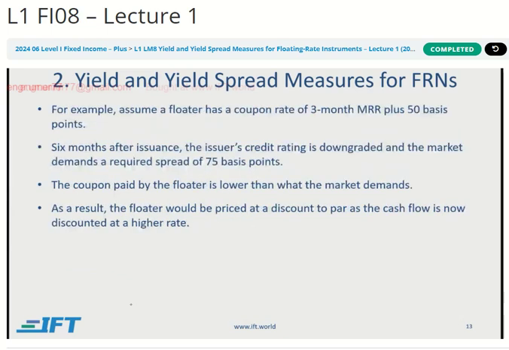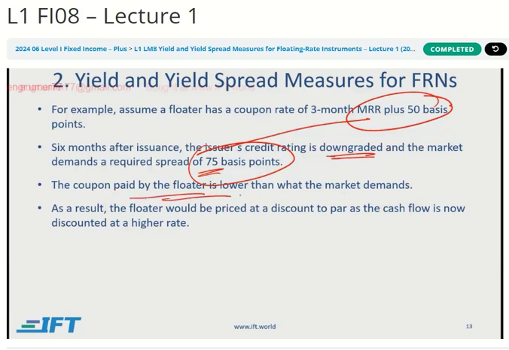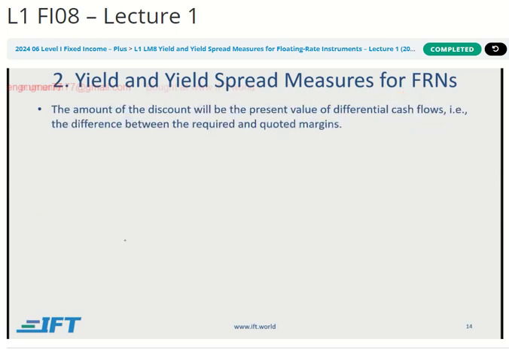Right, so for example, a floater has a coupon rate of 3-month MRR plus 50 basis points. 6 months after the issue, the credit rating is downgraded. Market requires 75 basis points more than the 50. So the market obviously demands more. What the coupon is offering is lesser, and therefore the price will go down below par. So if it was issued at 100, it'll probably start trading at something below 100.